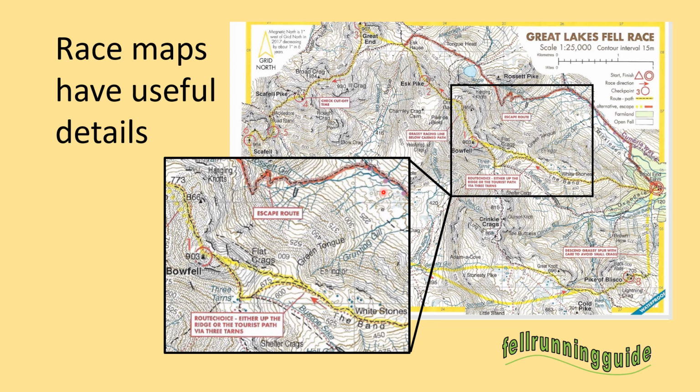That'd be really useful if we get halfway around the race and decide we want to escape, or the weather changes and gets really bad. It also has information such as checkpoints and checkpoint numbers and some route options. So that would be a good map to choose for doing a race.